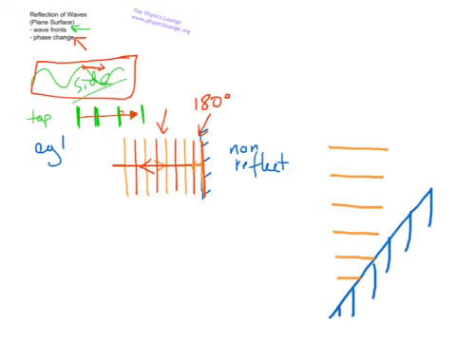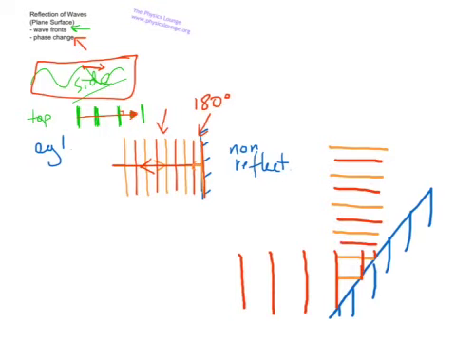As this hits, you're going to get a small amount of reflection until the whole thing is reflected. I haven't drawn these particularly well, but what this would then look like is that these red lines would be the troughs, and the orange lines are the crests.